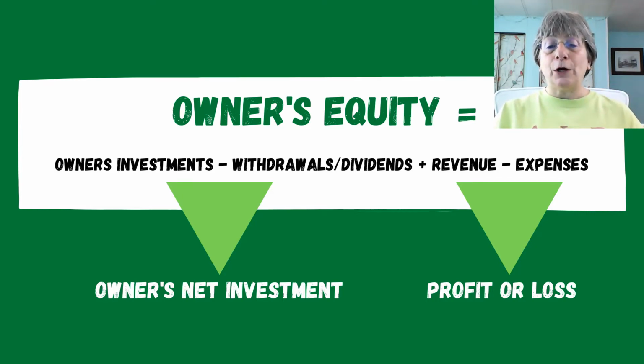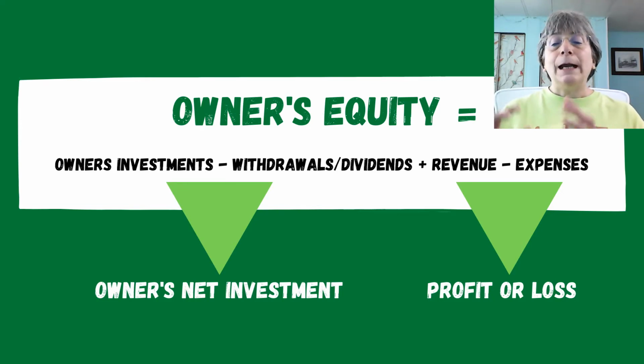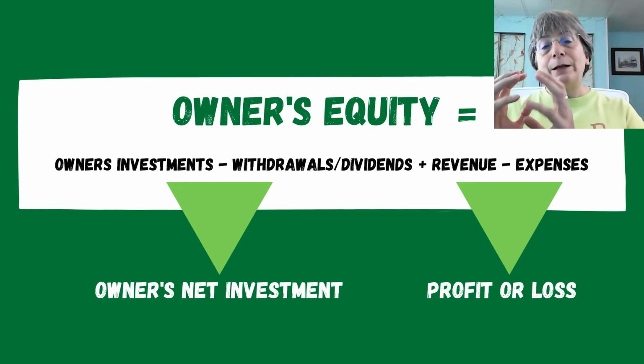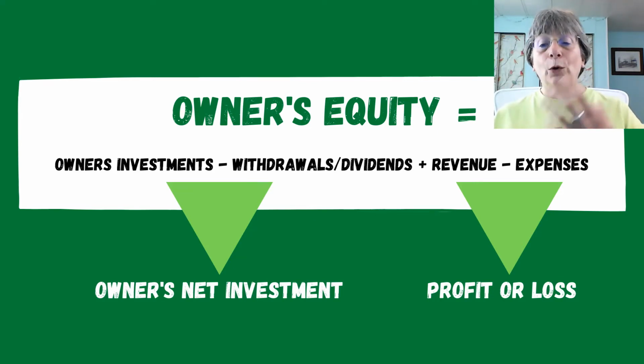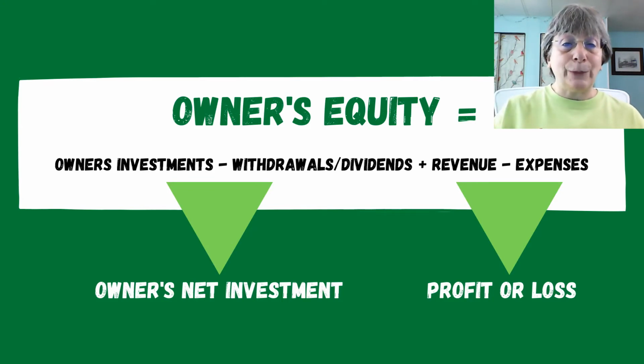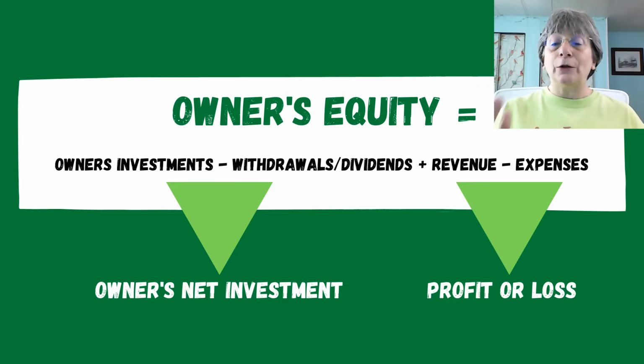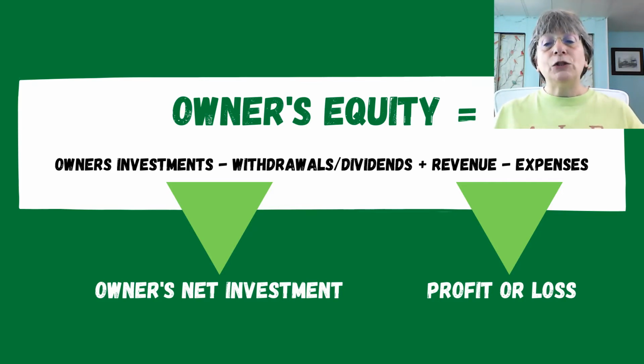They put in $10,000, they took out $2,000, their net investment is $8,000. And then on the other side of that, we said that profits and losses increase or decrease the owner's equity. And how do we come up with profits and losses? We're going to take our revenue minus our expenses. So if revenue is $10,000 and expenses is $5,000, we have a profit of $5,000, which increases our owner's equity. If our expenses are higher than our revenue, then we have a loss and we are decreasing our owner's equity.